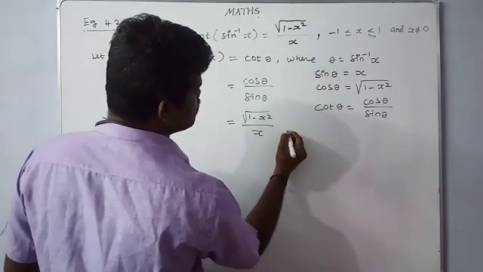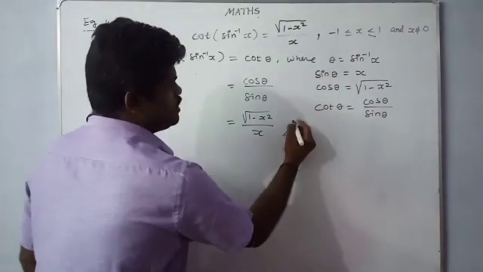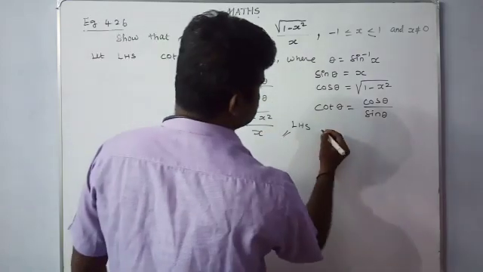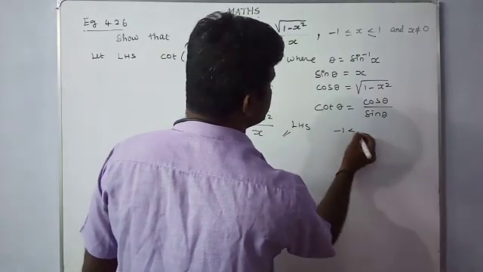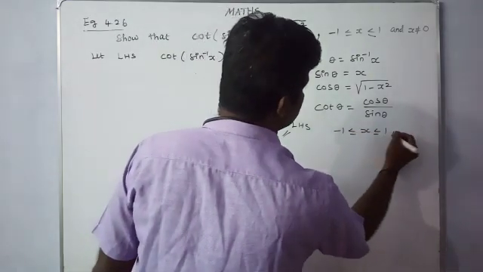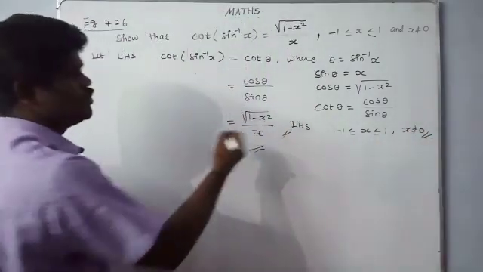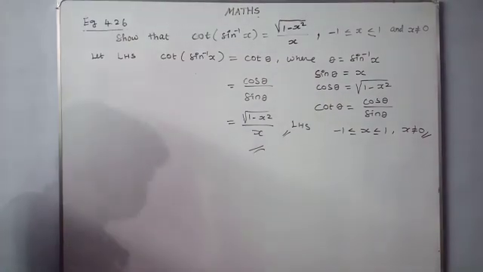Hence the RHS is root of 1 minus x square by x. This is the LHS value. The limit is minus 1 less than or equal to x less than or equal to 1, x not equal to 0. Hence proved.